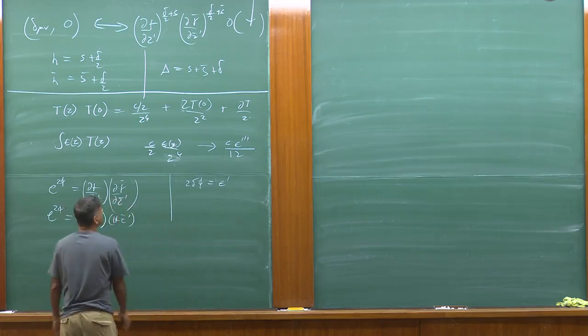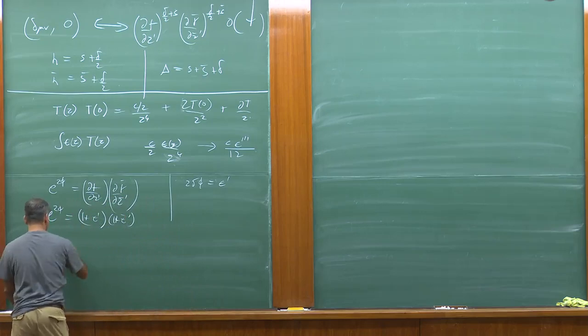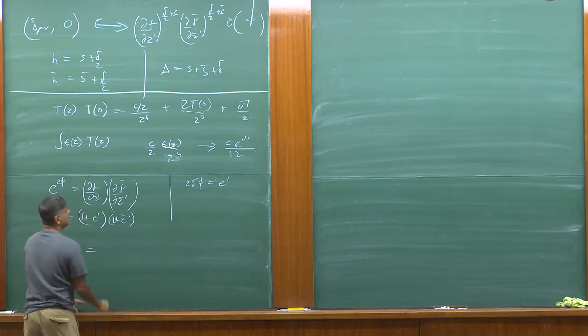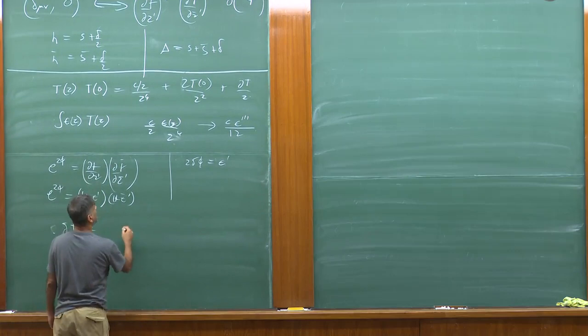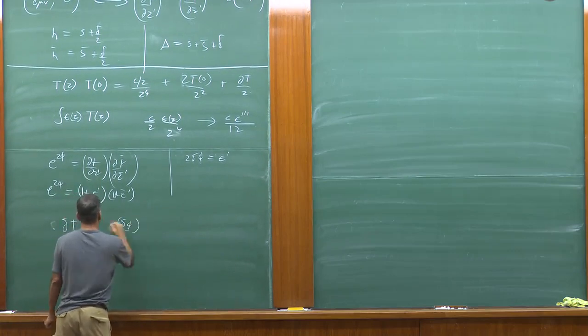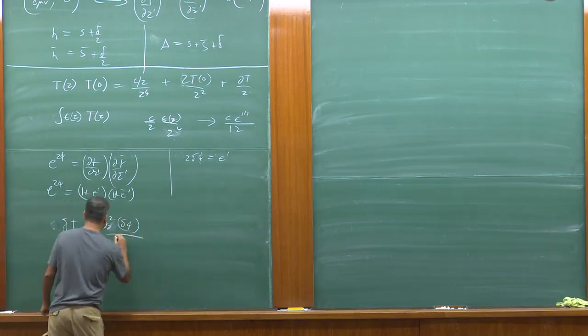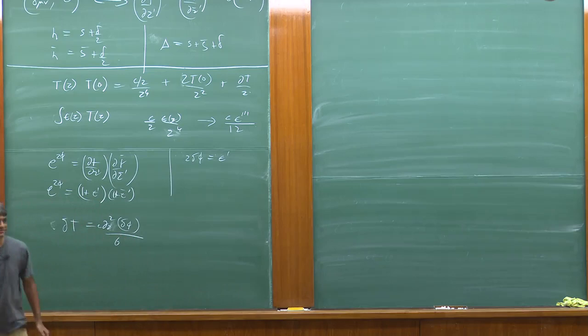So let's see, we get delta T is equal to delta phi del z squared by 6 and c. Well, because delta phi already had a factor of 2, that's what absorbed up the 2 from the 12. Is this clear?